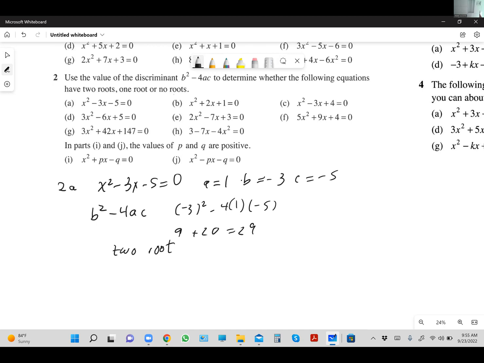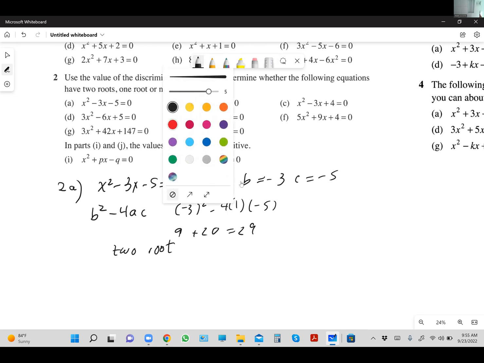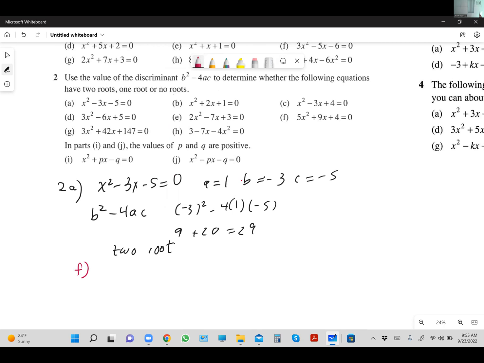All right. Now let's try. You want to try another one? Pick one. Come on. You can pick. Don't be shy. Let's do F together. 5x squared plus 9x plus 4 equals to 0. A equals 5. B equals 9. C equals 4.